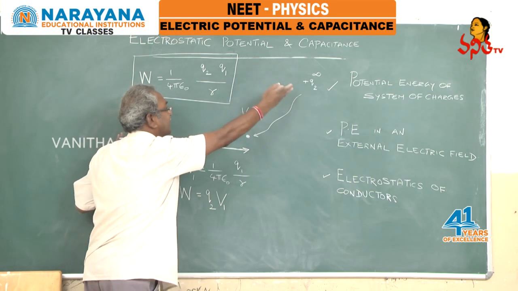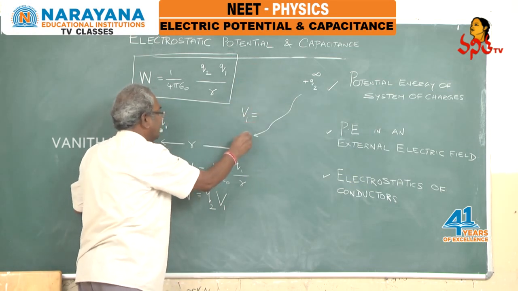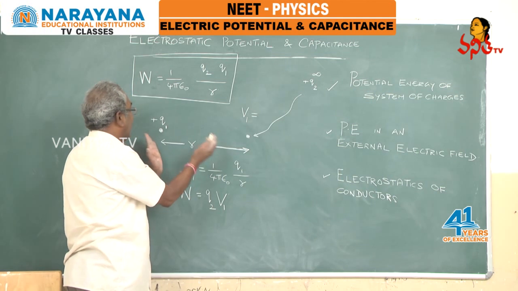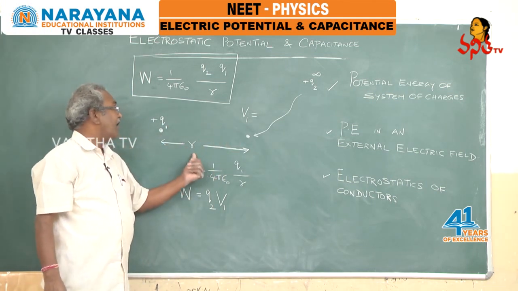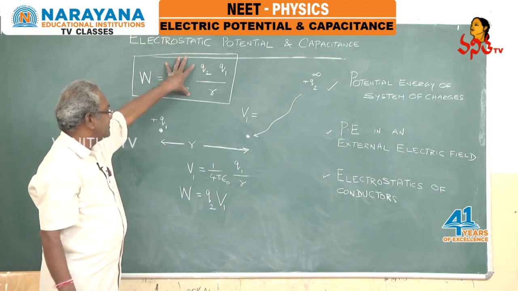That means bringing Q2 from there and putting it over here gives an arrangement of 2 point charges Q1 and Q2 with a distance of r between them. The amount of work done is this.